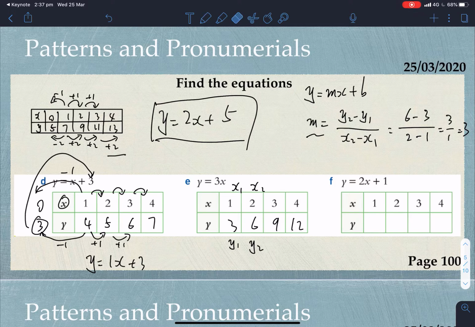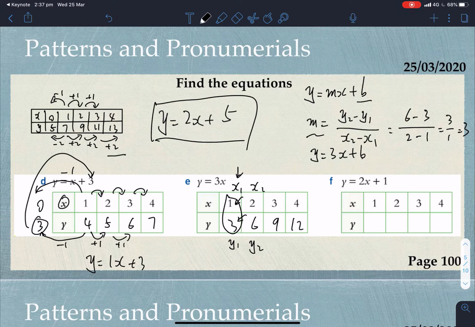To find the other number, you need to substitute that into the equation first. So we got y equals 3x plus b. To find out what b is, all you need to do is substitute in x1. So if x equals x1, we got two numbers. If x is 1, y is 3.